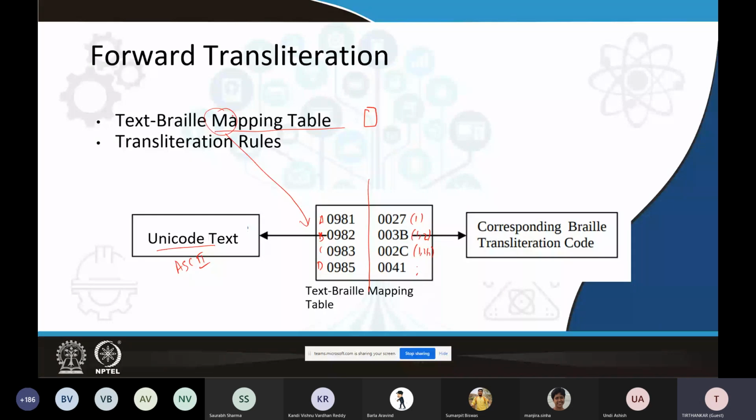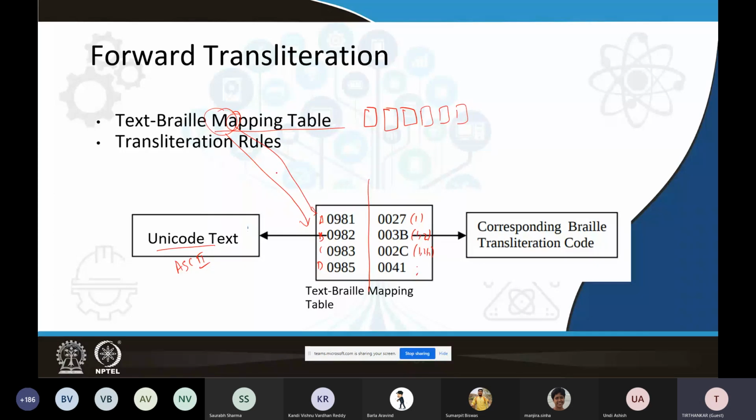Similarly, we get a lowercase a, we will search for its representation, and then represent it here, and so on. In this way, if it is a grade 1 braille transliteration, then for all these individual characters, we are going to have a braille representation text.